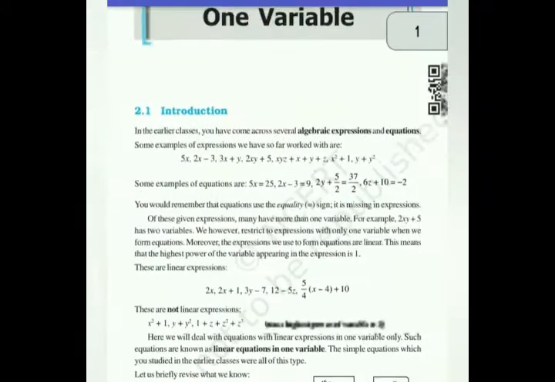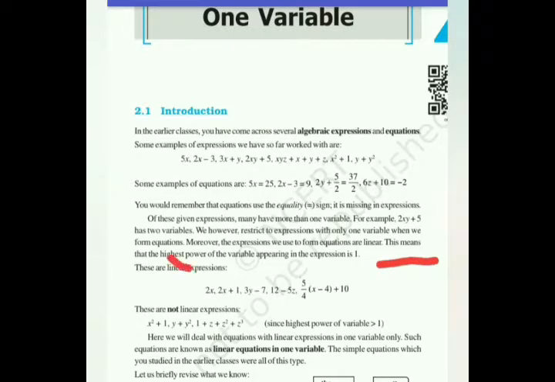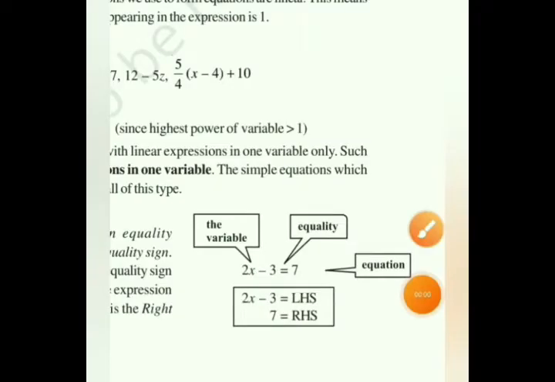Here linear equation means the highest power of the variable appearing in the expression is 1. So whenever the variable has the highest power 1, it becomes a linear expression in one variable. Here 2x minus 3 is equal to 7 is an equation.